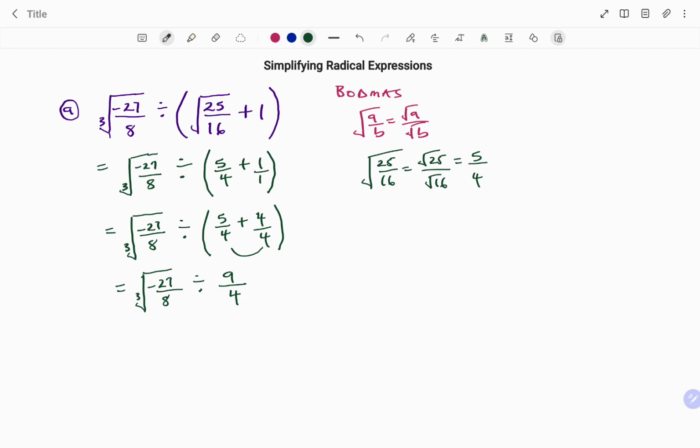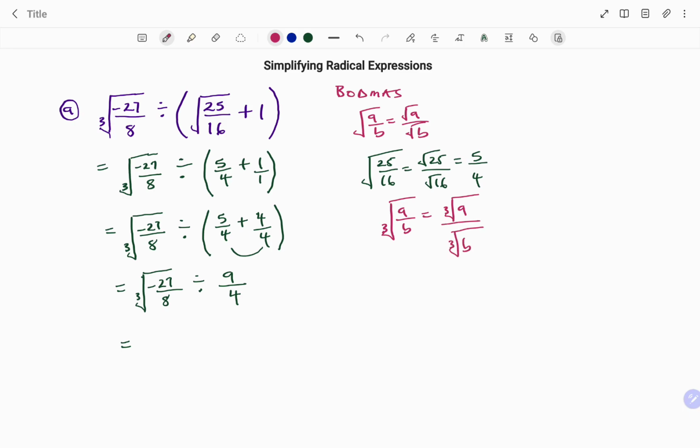Then my other part, that's my cube root. The same thing I did for my square root, the cube root of any number a over another number b is the same as the cube root of a over the cube root of b.